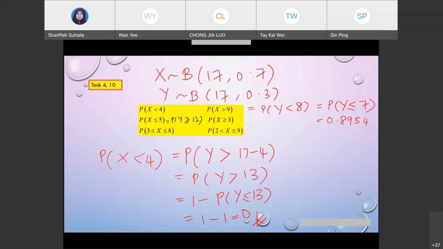So again, 1 minus, because you want 12, 13 up to 17. So you will have 1 minus probability y less than or equals to 11. So the answer should be? Okay, so 0.0007. Good. From your stats table, 1 minus 0.993, so 0.0007. Okay, the next one.